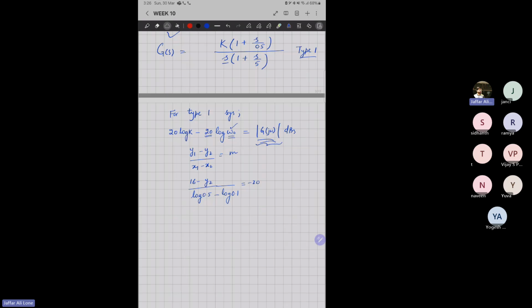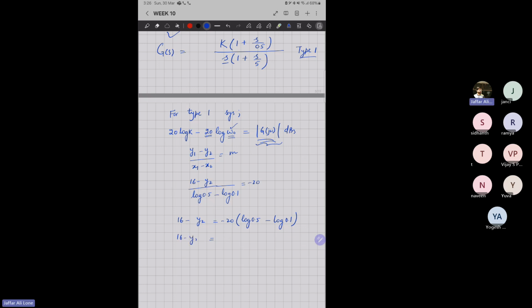So now we can easily solve it. It will be 16 minus y2 equal to minus 20 into log of 0.5 minus log of 0.1.